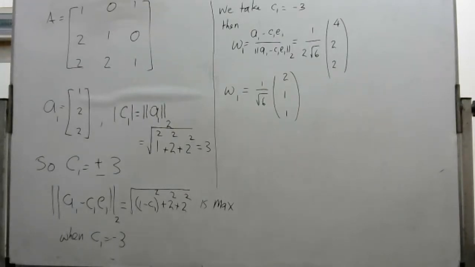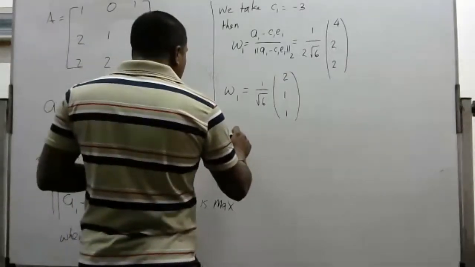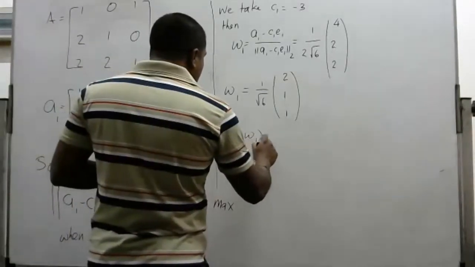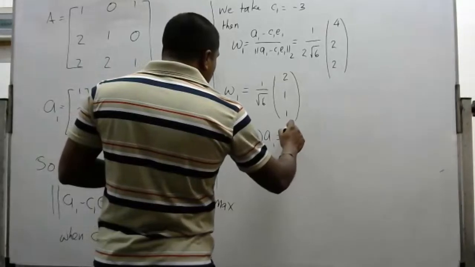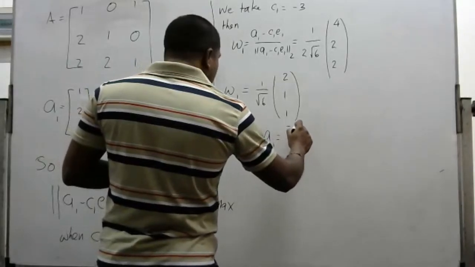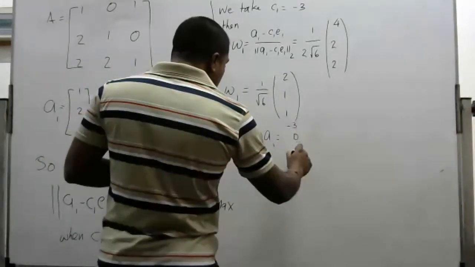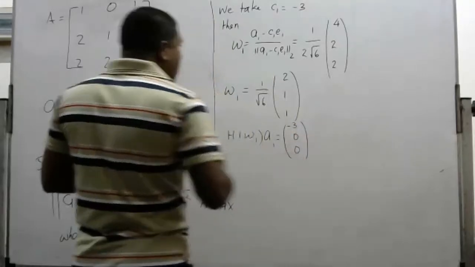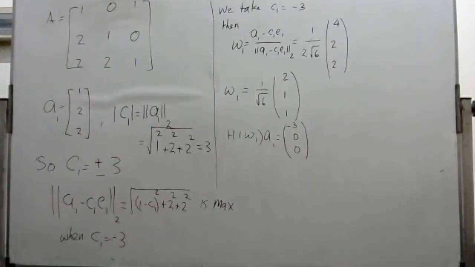Then clearly you know that H omega 1 times A1 is equal to C1 times E1, according to the theory we studied. So we don't need to compute it again; we can write H omega 1 A1 equal to negative 3, 0, 0.